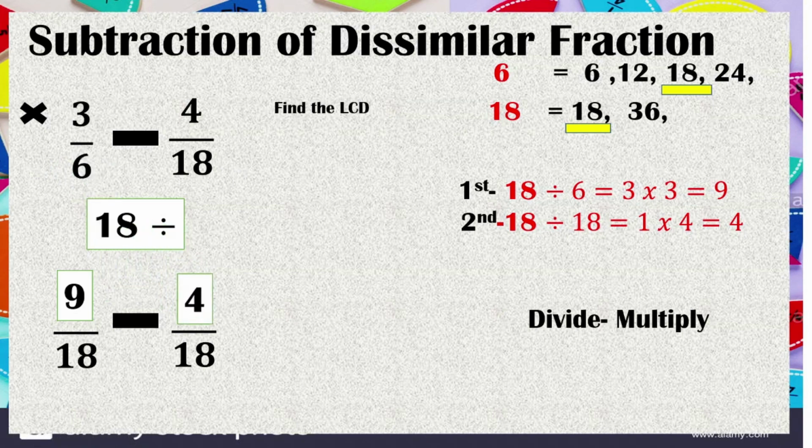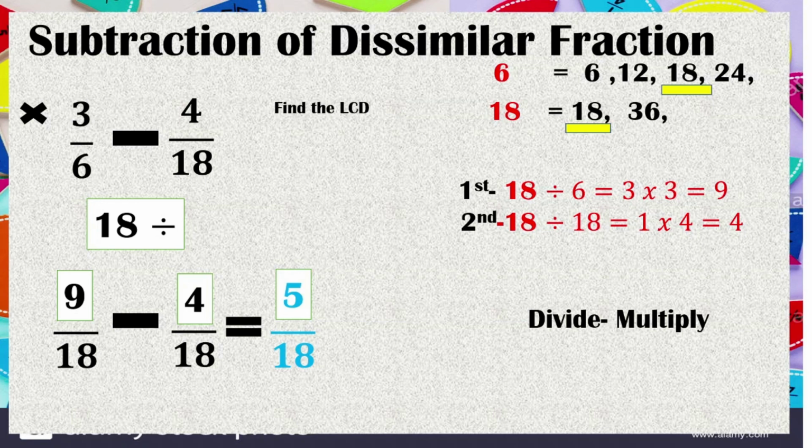So meron na tayong 9 over 18 minus 4 over 18. That is already a similar fraction. Ngayon, 9 minus 4 is equal to 5. At copy the denominator, which is 18. So 5 over 18, meron pa ba siyang lowest term?